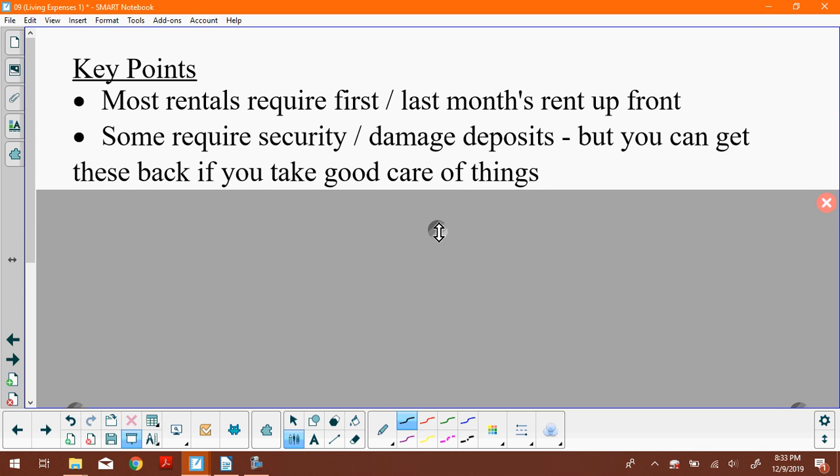Again, some rental contracts would require a security or a damage deposit, so that they have some money in advance if you end up breaking something in the apartment. However, if you take good care of it, then you're going to get that money back. It doesn't go away if you take good care of it.